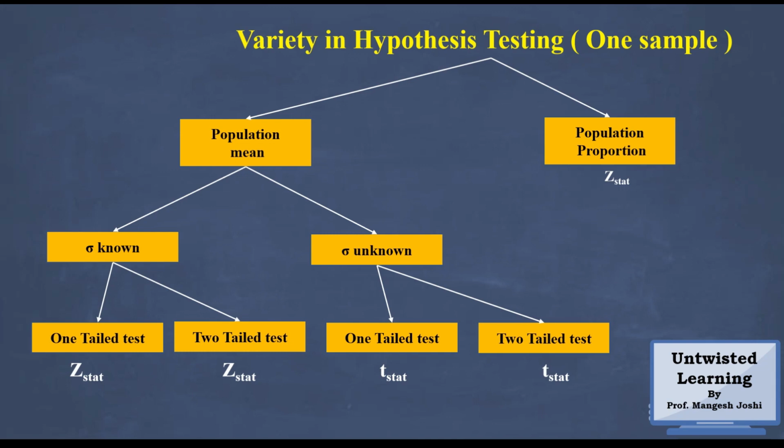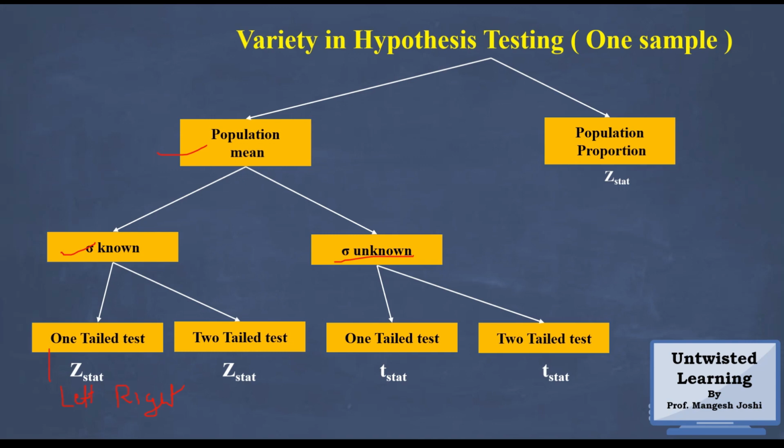What is the variety in hypothesis testing problems? In a one sample test, we have the population mean. We test hypotheses for the population mean with sigma known and with sigma unknown, that is, where the population standard deviation is known and where it is unknown. Inside this, we may have a one tail test or two tail test. Inside the one tail test, you may have a left tail test or right tail test.